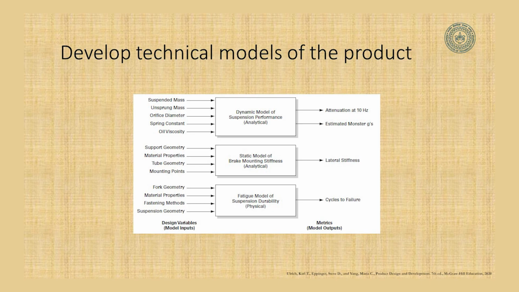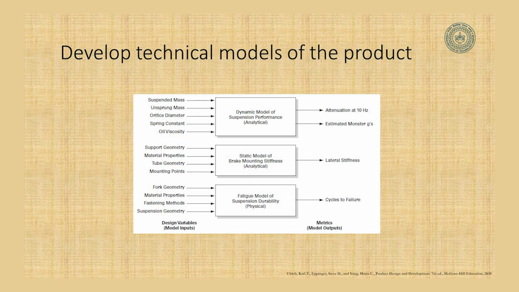Okay. So, technical models means, for instance, the dynamic model of the suspension performance may be dependent on design variables such as suspended mass, unsprung mass, orifice diameter, the spring constant, the viscosity of the oil that is used in it. And that then affects the metric, which is attenuation at 10 hertz or the g acceleration when it is going down the bumpy trail.